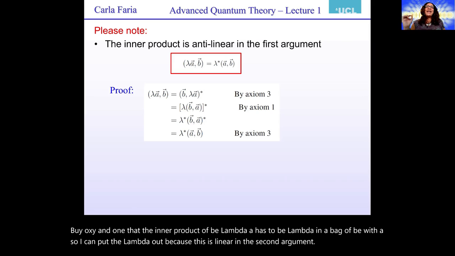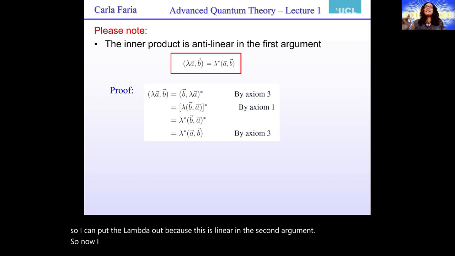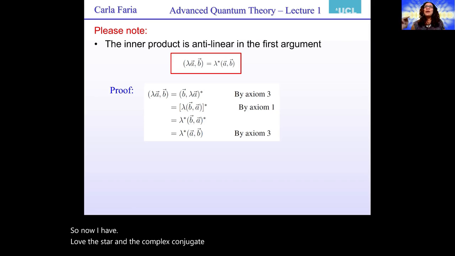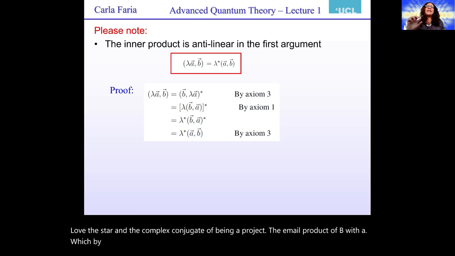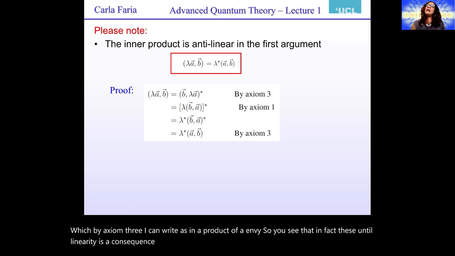So now I have lambda star and the complex conjugate of the inner product of B with A, which by axiom 3 I can write as the inner product of A and B. So you see that, in fact, this antilinearity is a consequence of the fact that these axioms must hold.